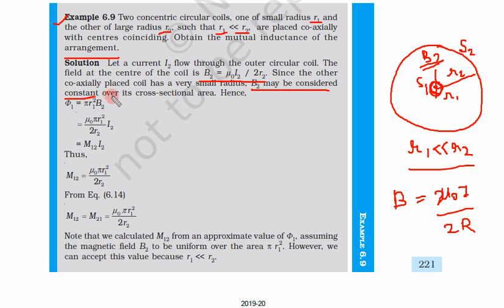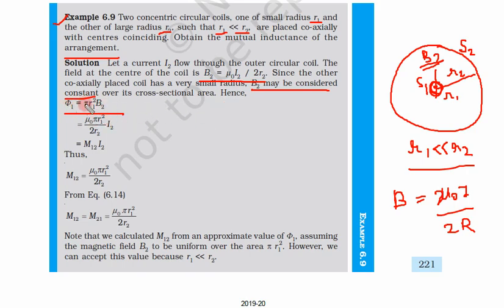Now over this cross sectional area we have the flux associated. Flux is area into magnetic field. So the area of this small coil is pi r1 square, into the magnetic field because of this bigger coil. Let us put all the values.